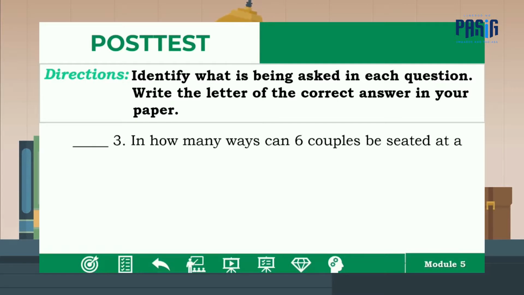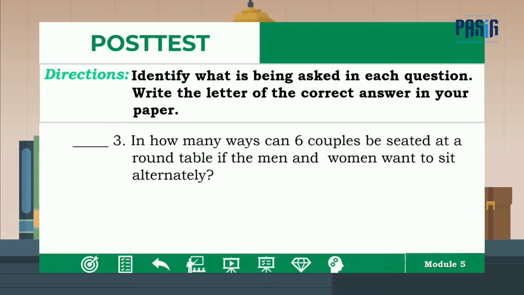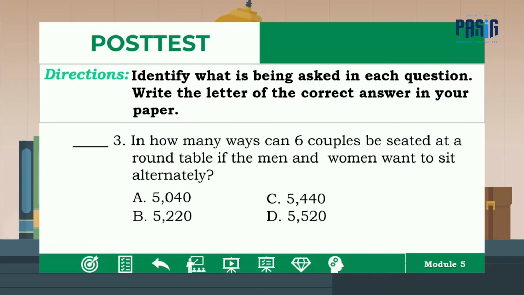In number 3, in how many ways can 6 couples be seated at a round table if the man and woman want to sit alternately? Is it A, B, C, or D?